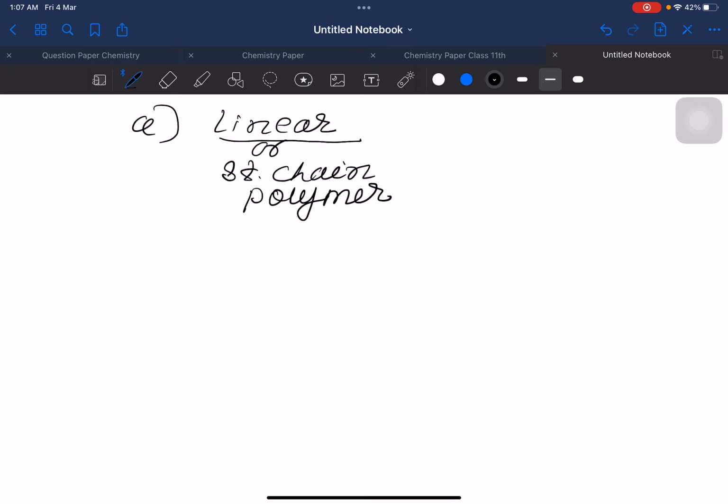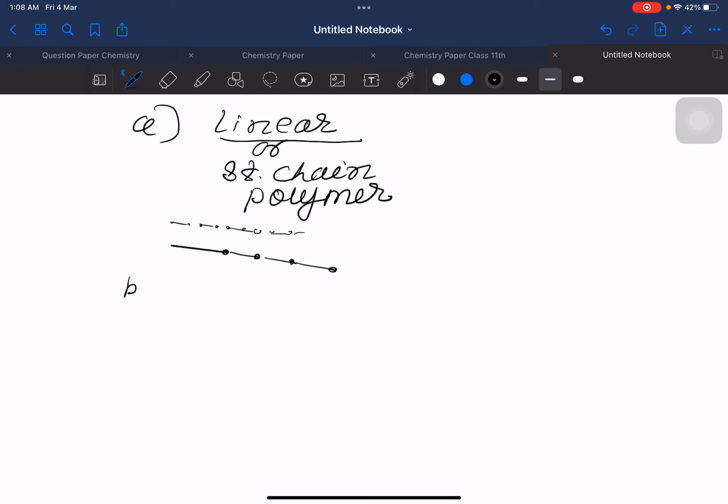It is obtained from bifunctional monomers of alkene. These are the different chain configurations of polymers.